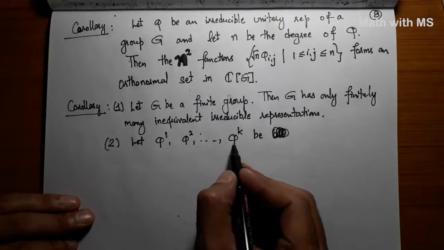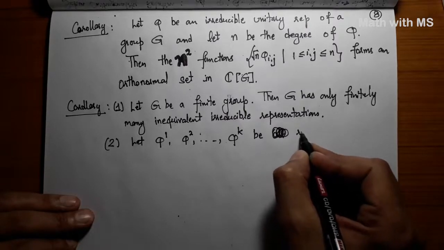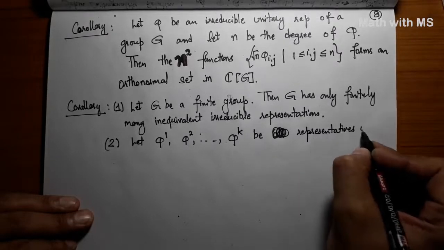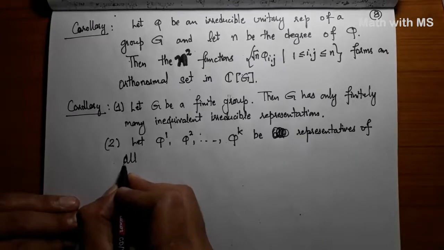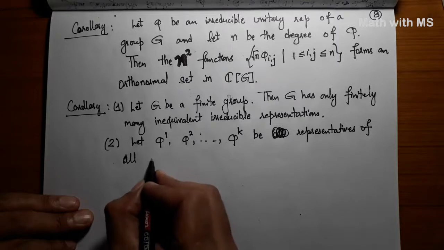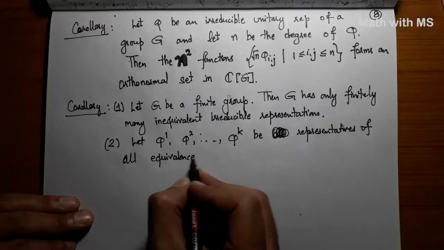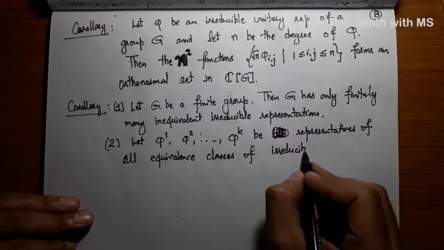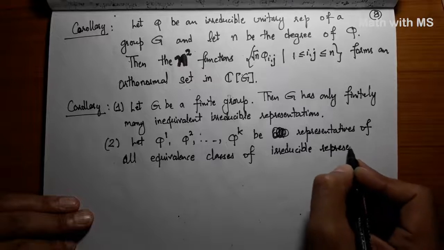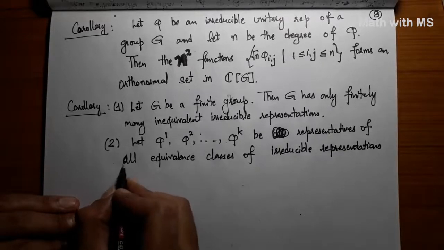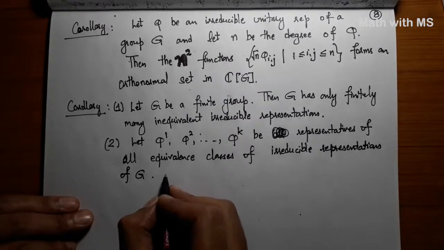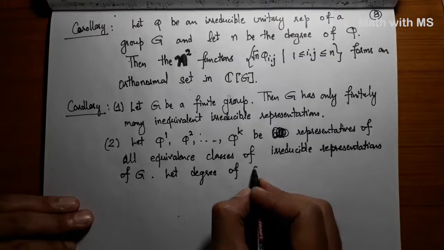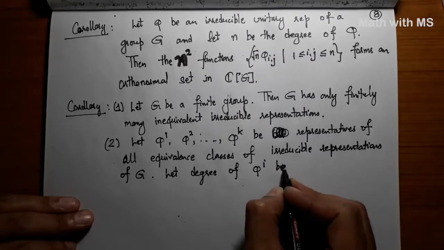Let phi_1, phi_2, and so on up to phi_k be representatives of all equivalence classes of irreducible representations of your group G. And let the degree of phi_i be, say, n_i.